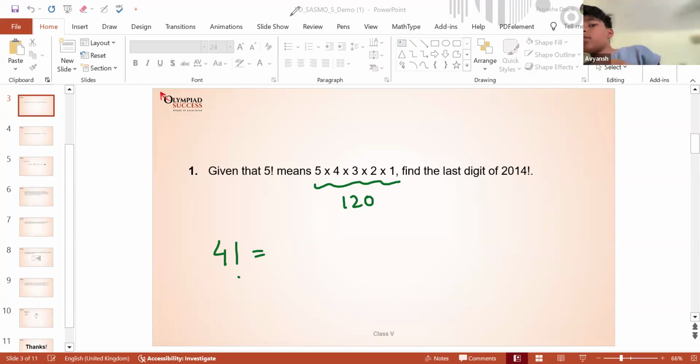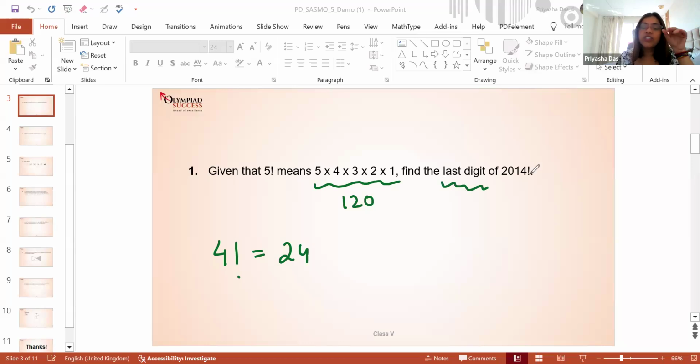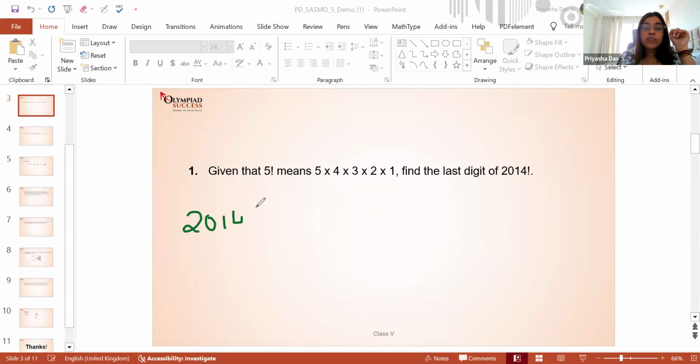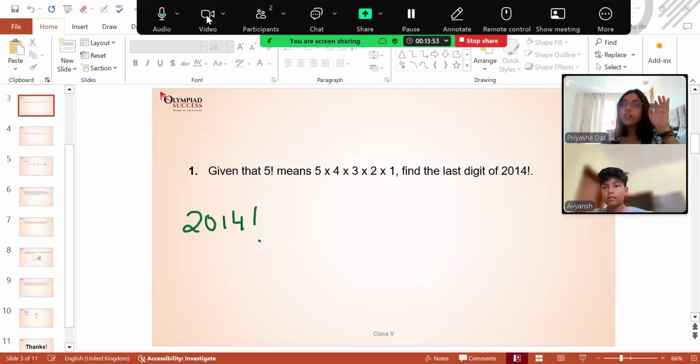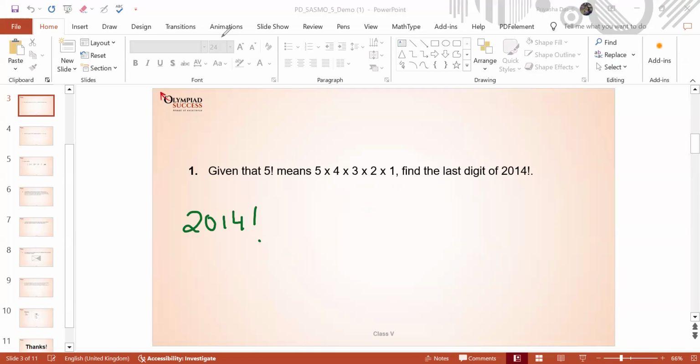It's 24. That's correct. So what we need to think about is that they are asking you just the last digit for 2014 factorial. That means you're going to multiply 2014 with 2013, 12, 11, 10, and so on.